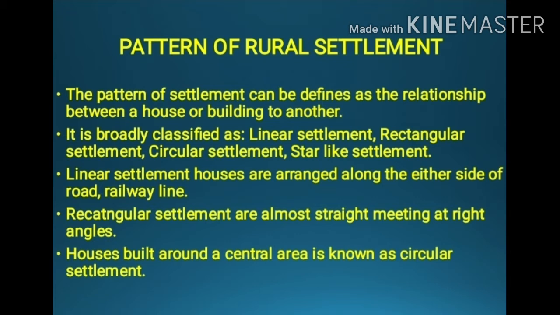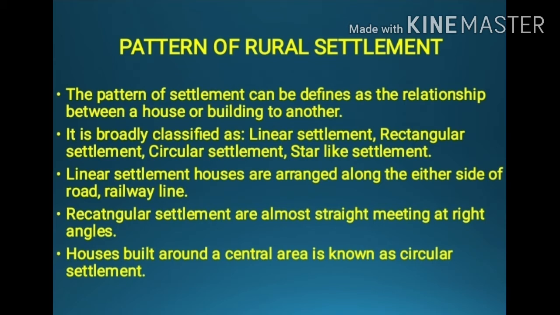It is broadly classified into patterns such as linear settlement, circular settlement, star-like pattern, etc. In linear settlement, houses are arranged along either side of a road or railway line.